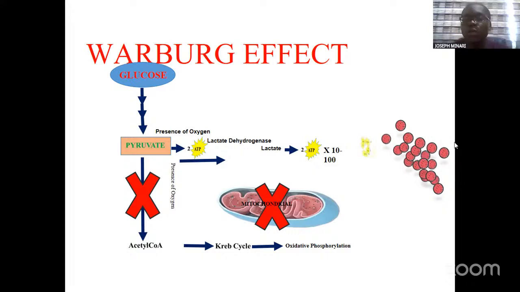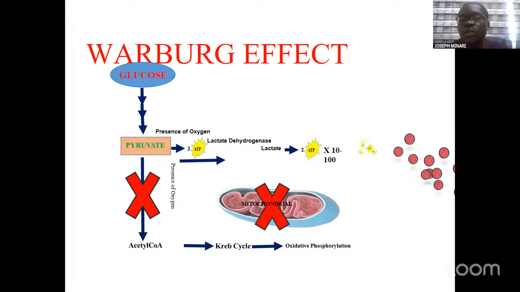From this illustration, you can see much ATP is being produced, which favors a lot of cells being proliferated. So you now have quite a number of cells being proliferated. Why? Because we have a lot of energy currency in form of ATP that is readily available for this group of cells.